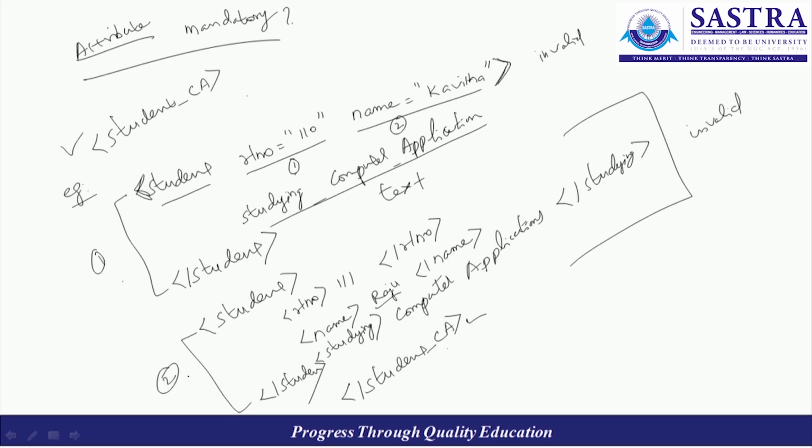So we should avoid creating this kind of confused records, right? Either we can go for an element with attribute, or an element with child elements, not both. This is one important thing that we should know.